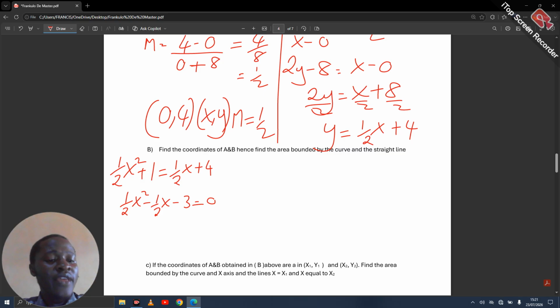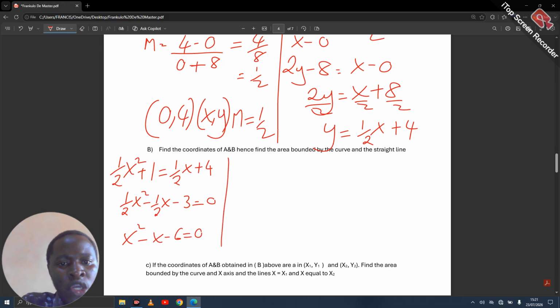You can simplify this by multiplying both sides by 2, it will be easy. We shall have x squared minus x minus 6 equals 0. Use the quadratic formula: x equals negative b plus or minus the square root of b squared minus 4ac, over 2a. Use that one to save on time. So x equals what here, guys?